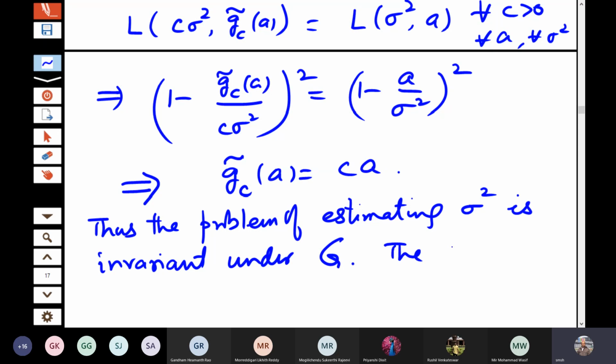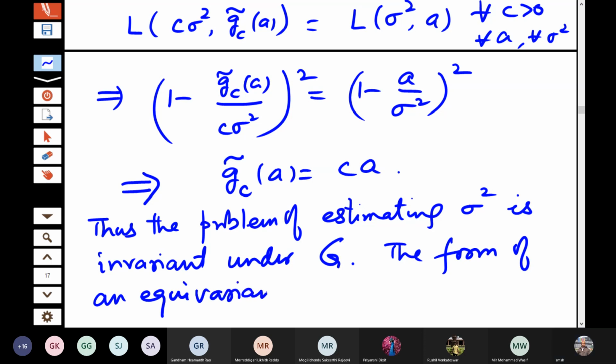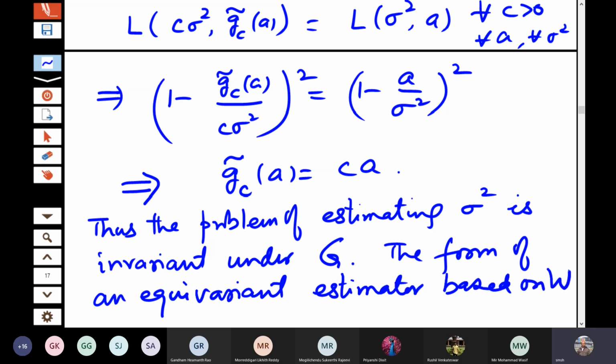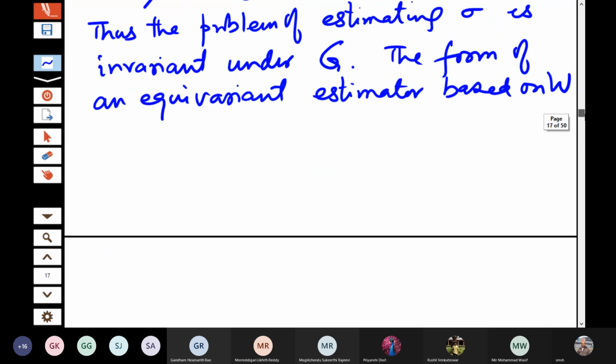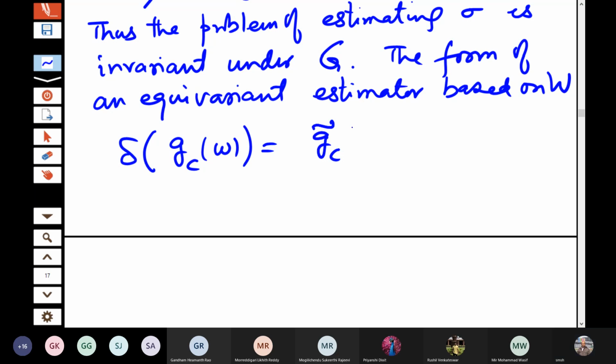So the form of an equivariant estimator based on W. So delta of GC W is equal to GC tilde delta of W for all C, for all W. Okay.